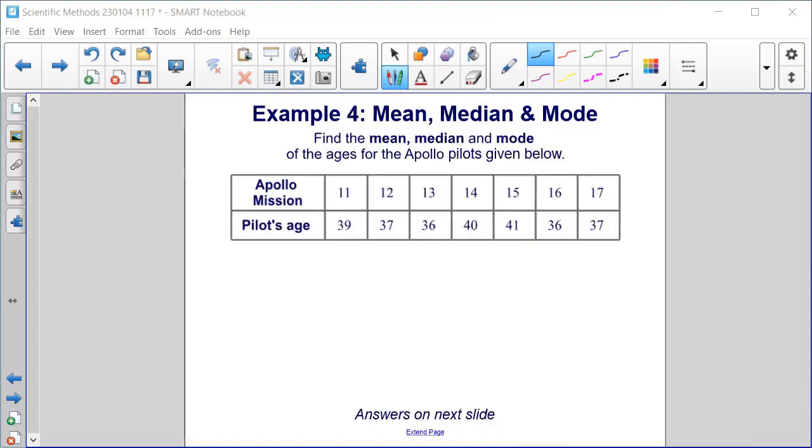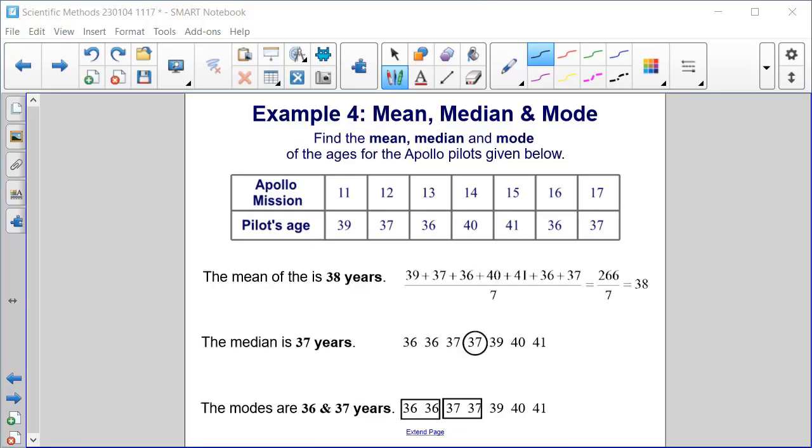Example 4, find the mean, median, and mode of the ages for the Apollo pilots given below. So for Apollo missions 11 through 17, we have the pilots' ages, 39, 37, 36, 40, 41, 36, 37. And we need to find the mean, median, and mode of this set of ages.